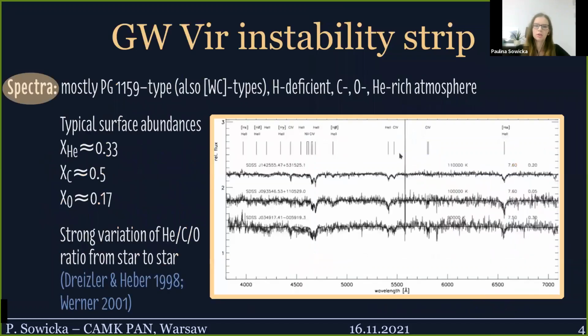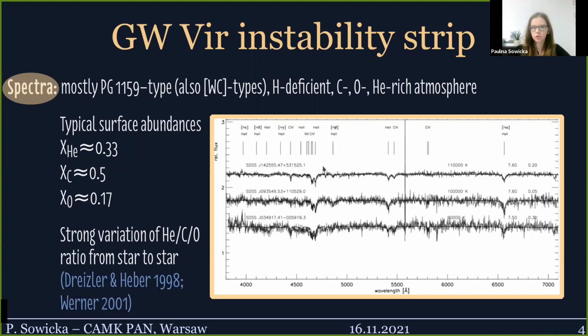This GW Vir instability strip is mostly populated by PG1159 type central stars, but there are also some Wolf-Rayet central stars of carbon sequence. These stars are hydrogen deficient, carbon, oxygen, and helium rich, and I show you the typical composition of these stars here.